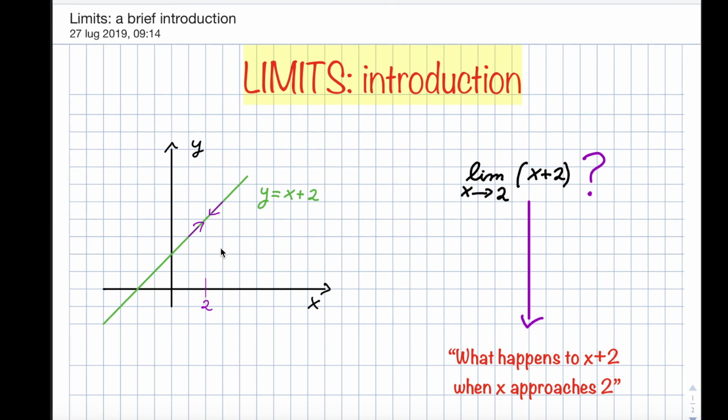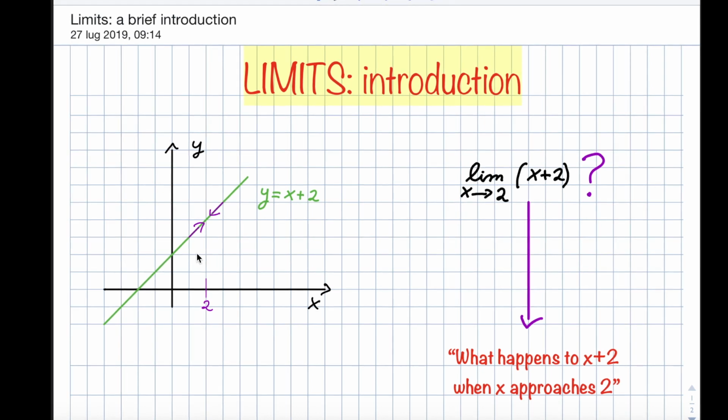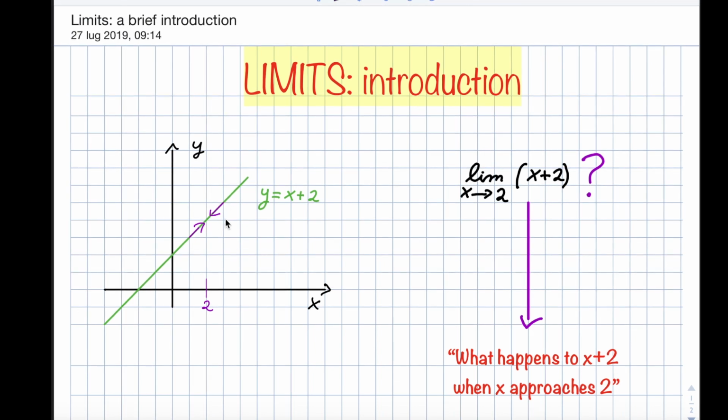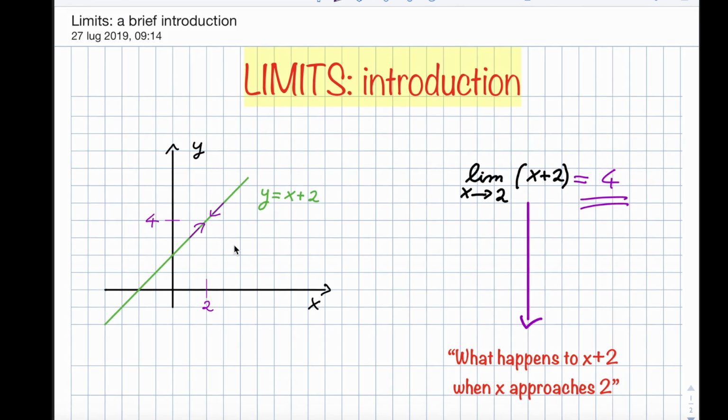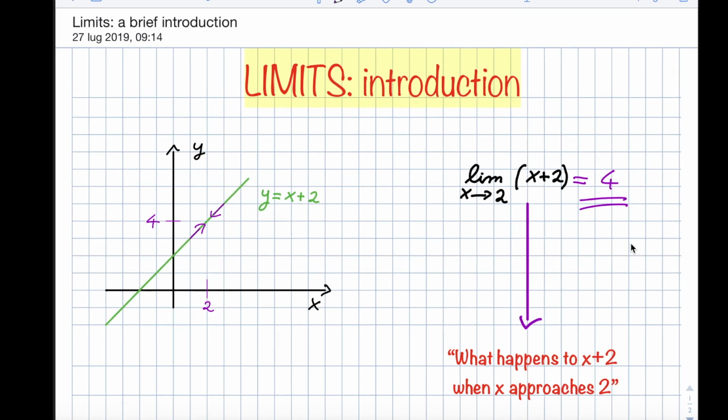What we have to notice is what happens to the function x plus 2 when we get closer to this point. You see that if I get closer to the point, say, coming from the left or coming from the right, the y points of the function get closer to y equals 4. Therefore, we say that the limit for x approaching 2 of the function x plus 2 is exactly 4.